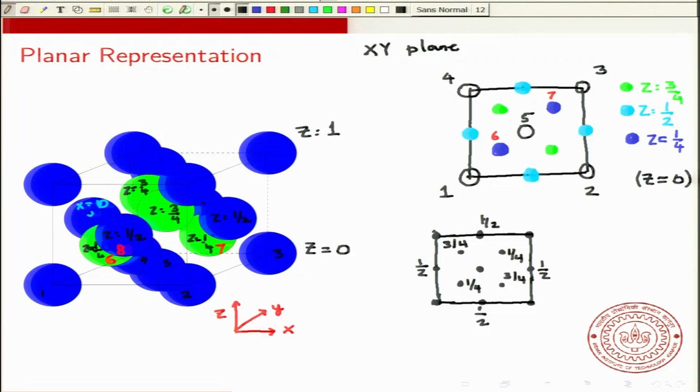People often use fractional coordinates and this planar representation because it makes it much easier to show on a flat piece of paper. Otherwise, you would require 3D models to visualize things. And we'll see that the symmetries are also very nicely seen in this planar representation.